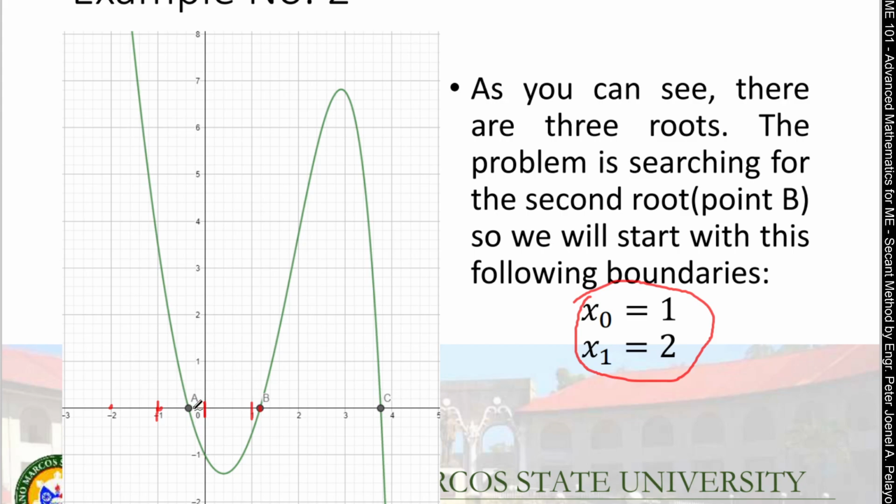The distance from the root A to this bracket 0 is greater than the distance from 1 to the root B. Okay? So, ang hahanapin nito is papunta na siyang root B. So, okay nang mag-start dyan actually, pwede yung 0, 1.